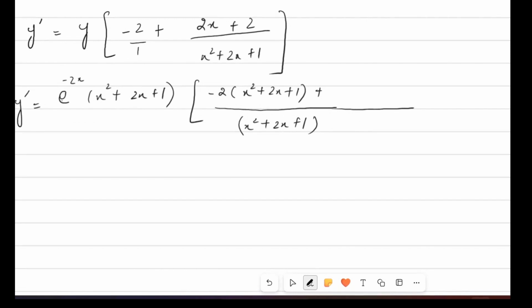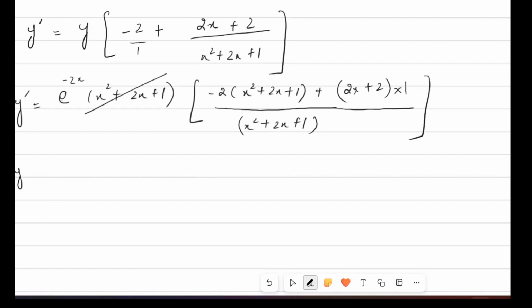In the same way, it is 1 there. So minus 2 is multiplied directly with x square plus 2x plus 1. And 2x plus 2 is multiplied with 1. So 2x plus 2 multiplied with 1.